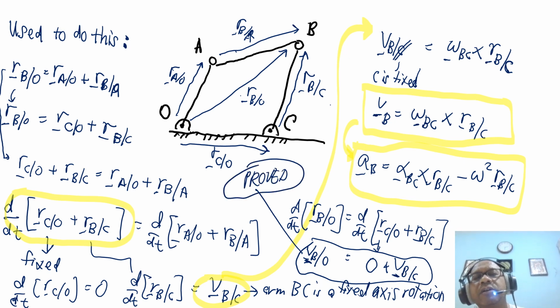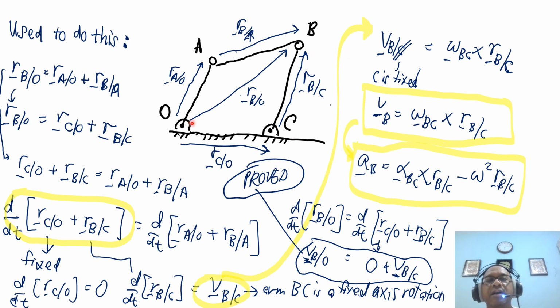I'm not sure whether that explains why I'm not taking the link OB. The link OB doesn't exist. The only things that physically exist are the connection OC and link BC.